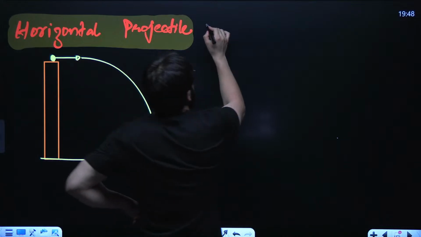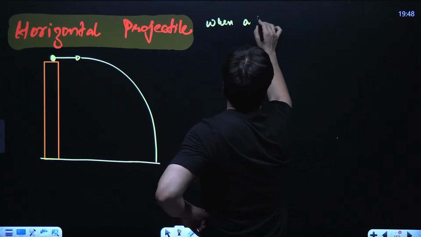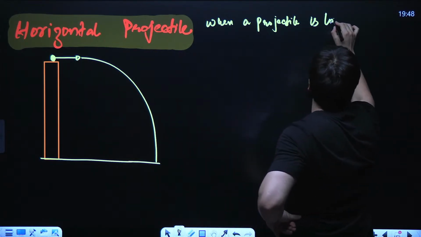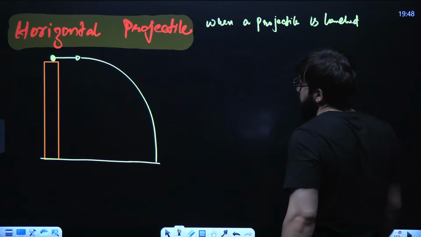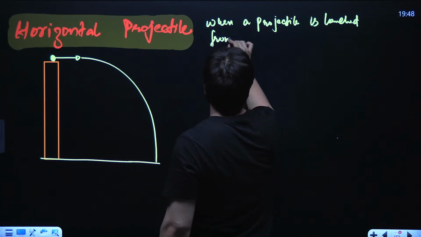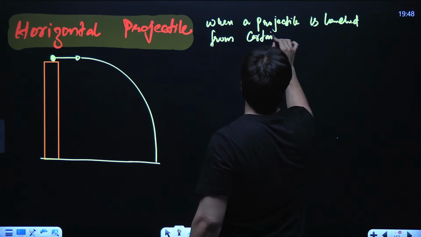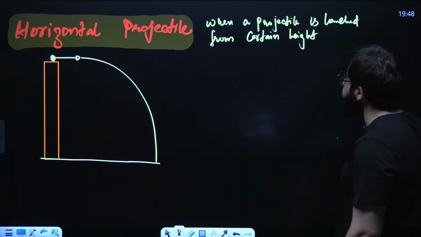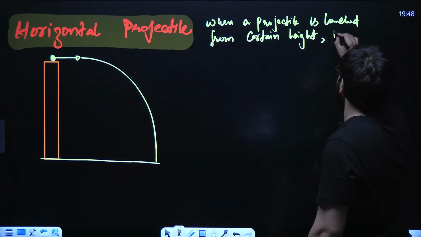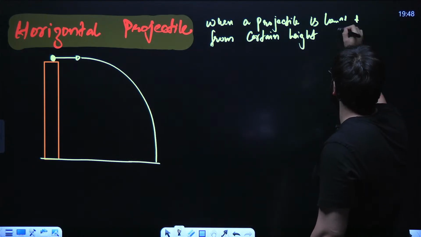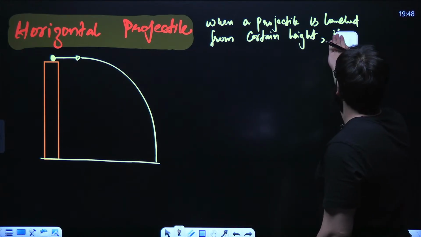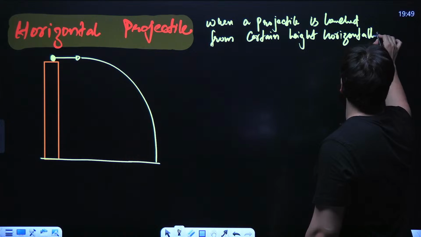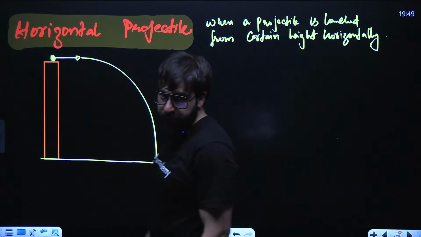We say when a projectile is launched from a certain height horizontally, it is what we call the horizontal projectile.